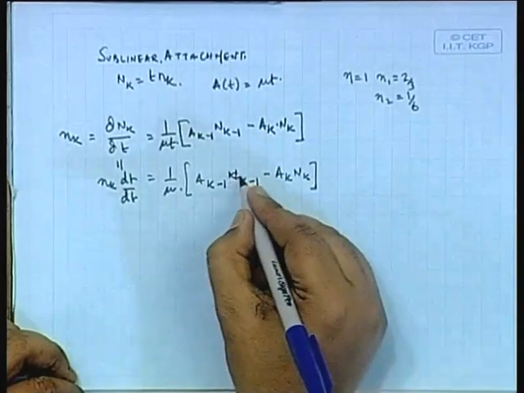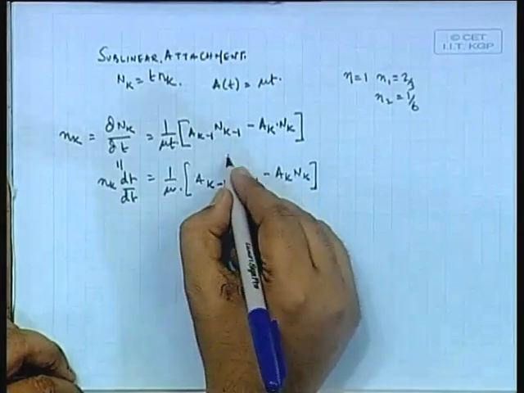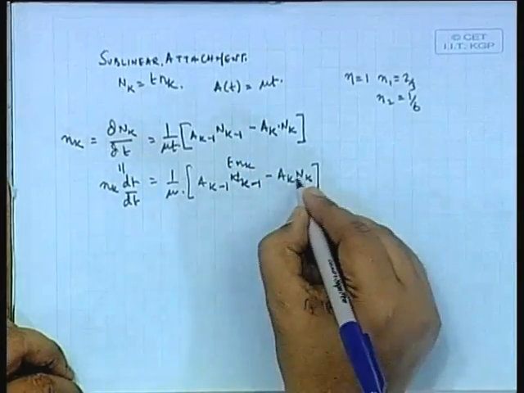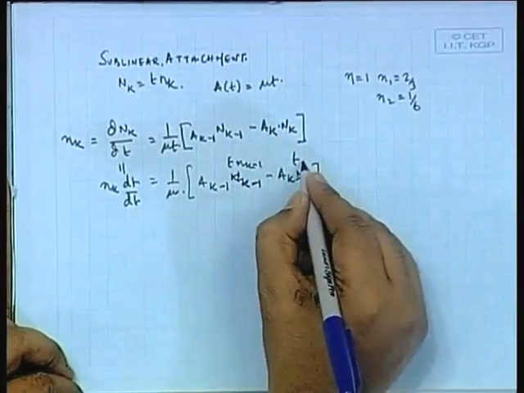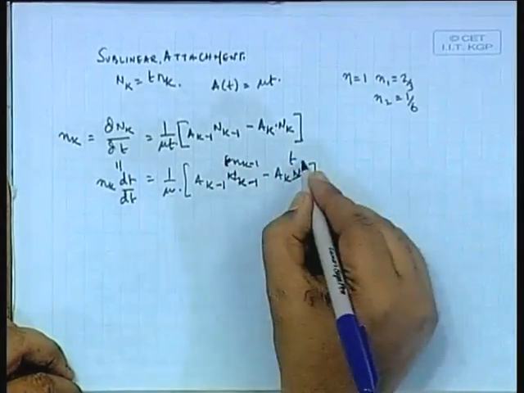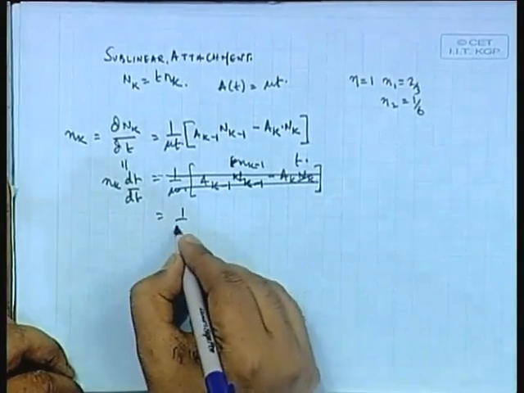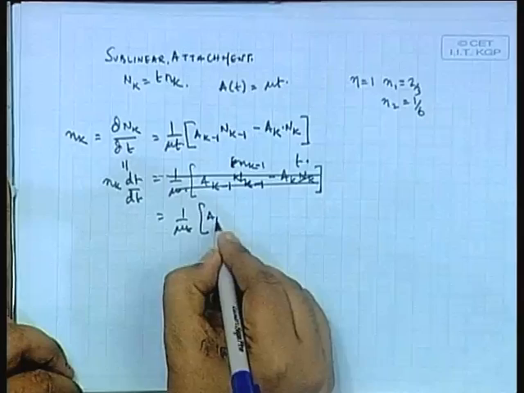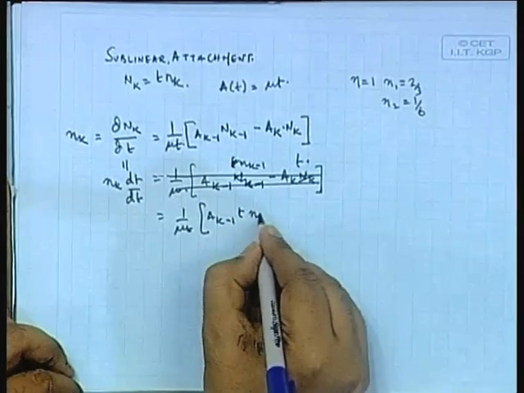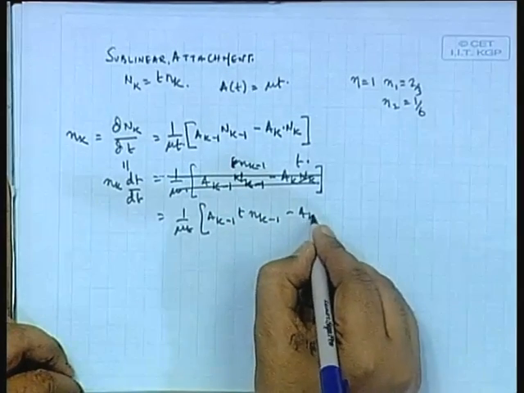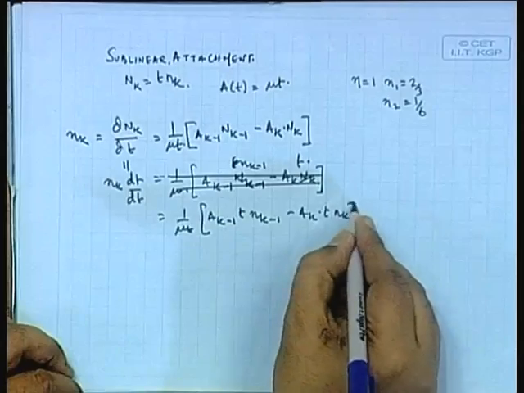Okay, I am sorry, I have to write this as dn_k/dt, n_{k-1}, and I completely messed this. So, 1 by mu t, a_{k-1} t n_{k-1} minus a_k t n_k.